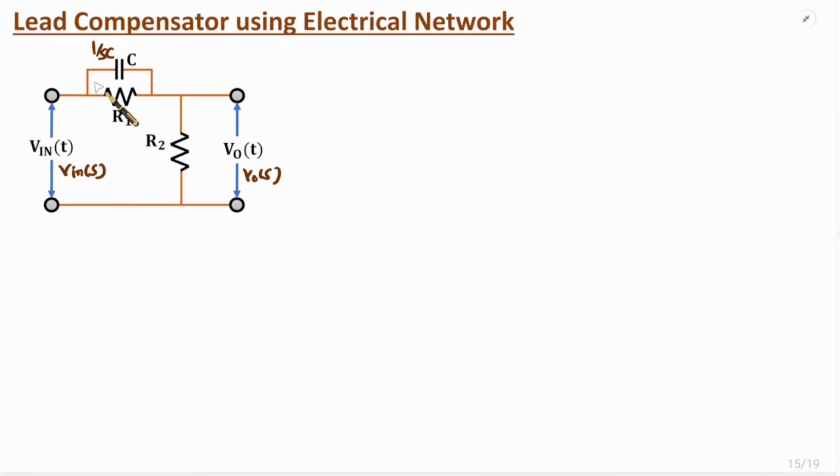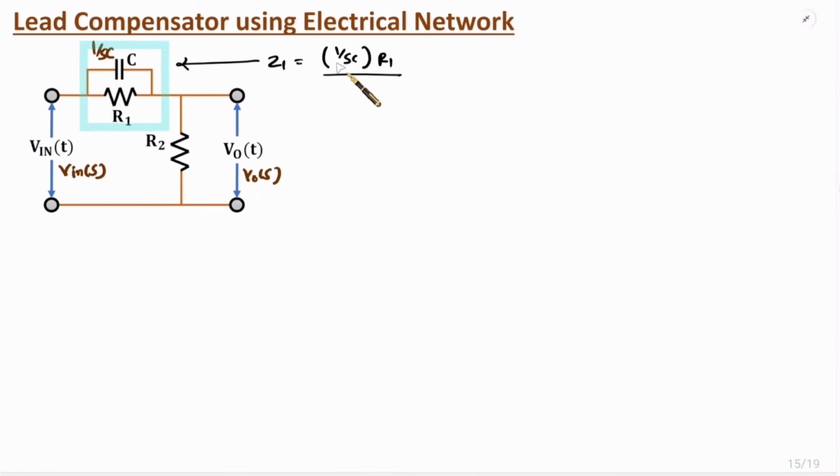Now, first of all, we need to simplify this much impedance. Let us say this much impedance is Z1. That impedance is a parallel combination of the impedance due to C and the impedance due to R. Here the impedance due to C is 1 by SC, and the impedance due to R1 is R1.